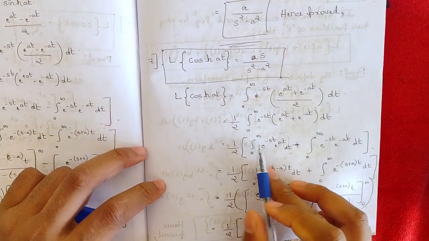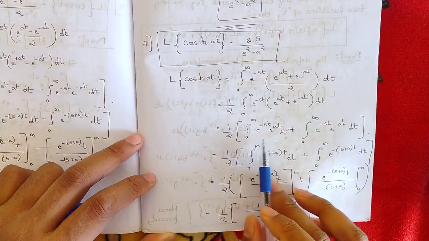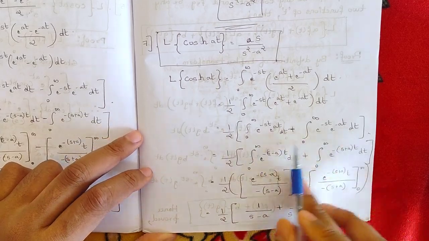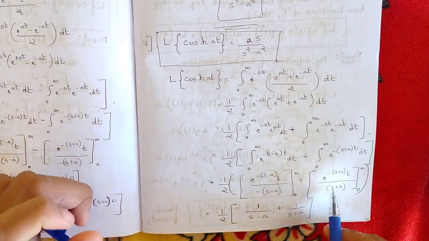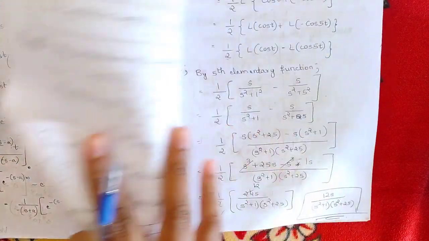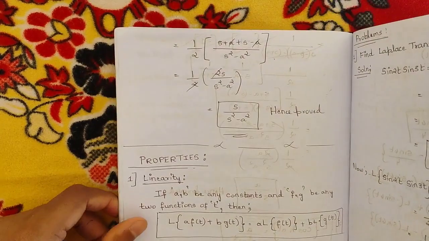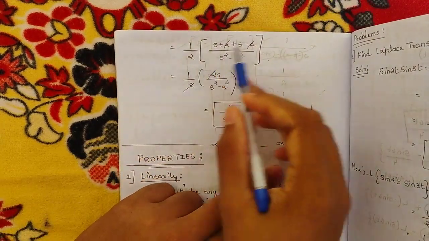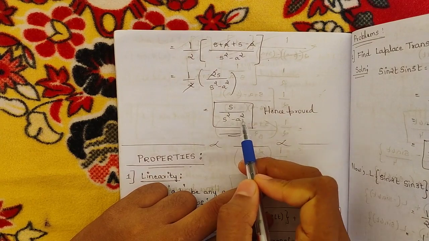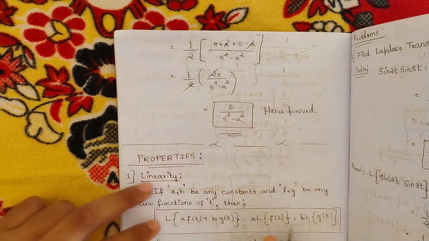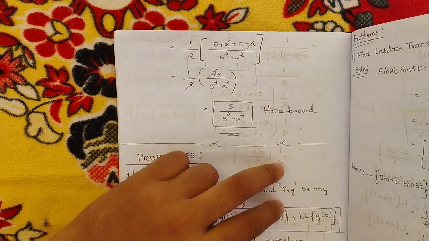Check out the steps clearly, observe each step carefully. It is very simple integration. Then apply the upper limit and lower limit conditions, and after solving we get s divided by s square plus a square. Hence proved.